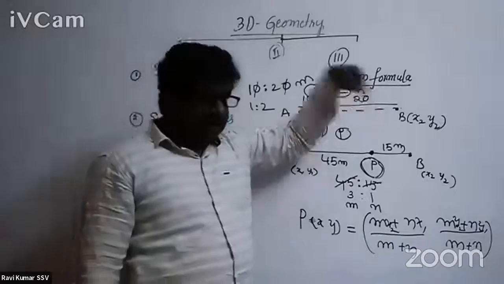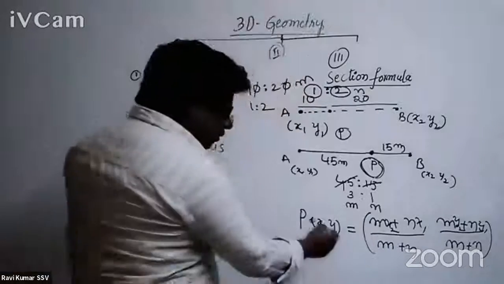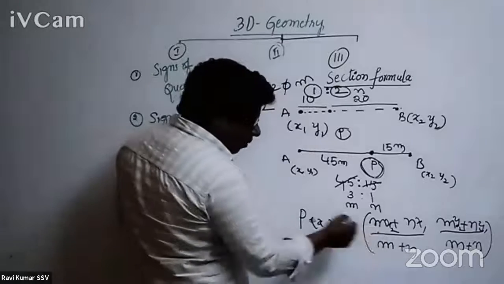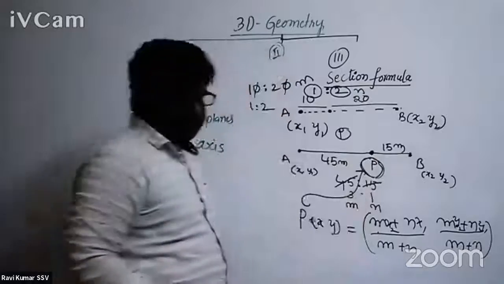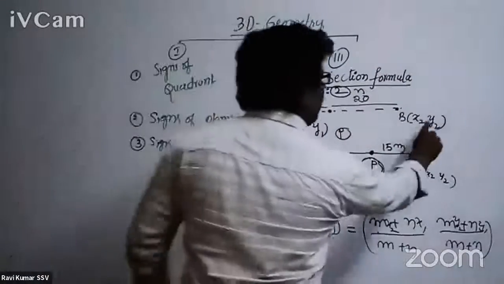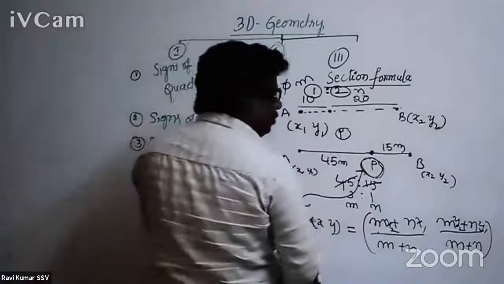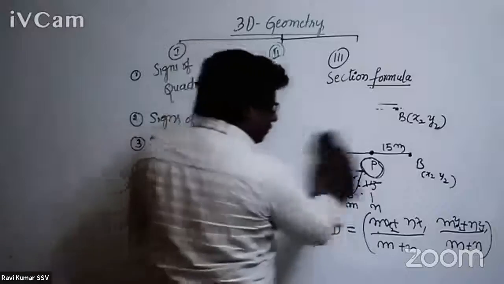But now in the plus one, what is this formula to find out this point which lies between A and B? In the plus one, additionally one more coordinate will come, that is z2 and z1. So I'm writing down what it is then in the plus one.